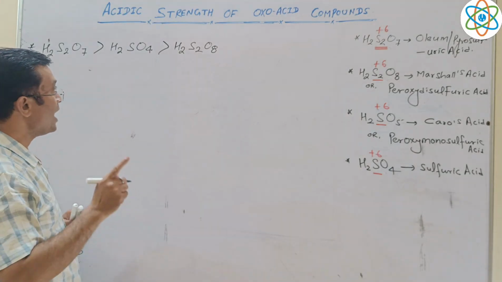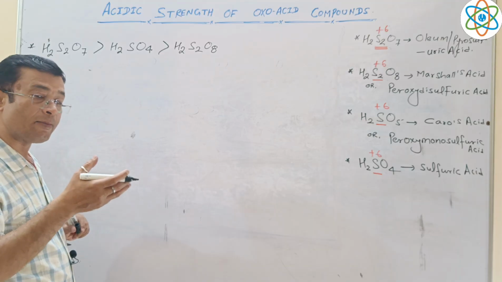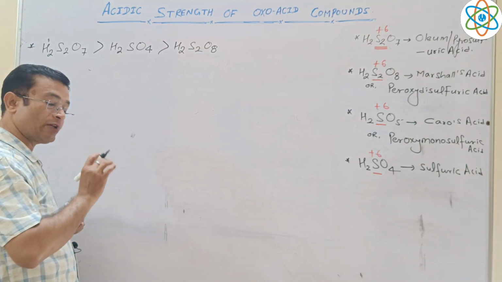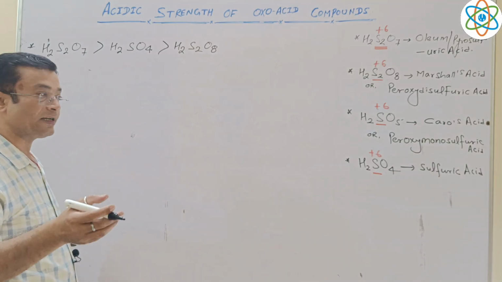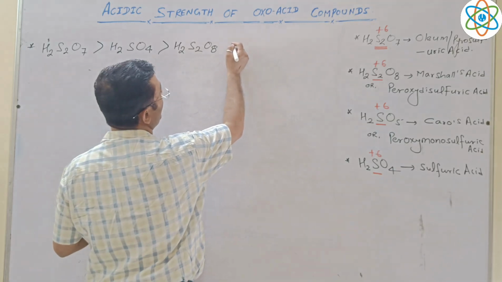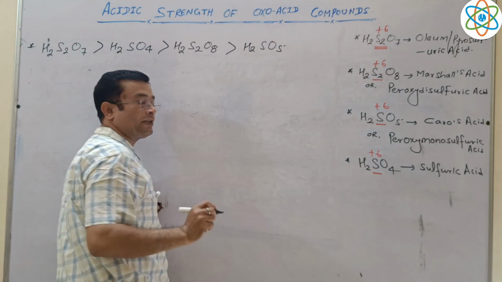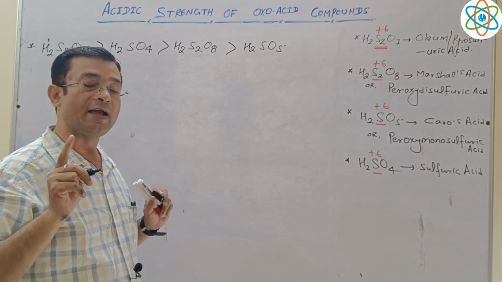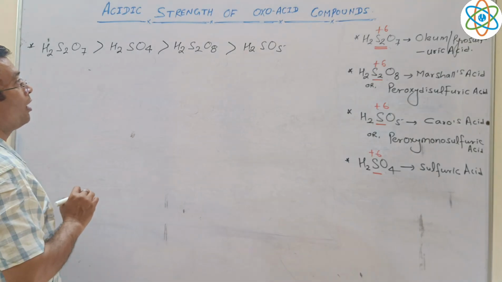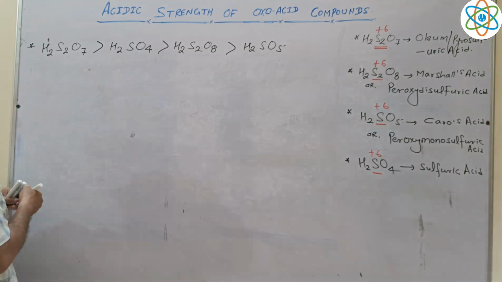I want to tell you, H2SO4 and H2S2O8 have nearly the same acidic strength, but on deep study you will find that H2SO4 has higher acidic strength as compared to H2S2O8, the Marshall acid. After that, H2SO5, Caro acid. Caro acid has the least acidic strength. This is the order. Now we can learn one by one the reason behind it.